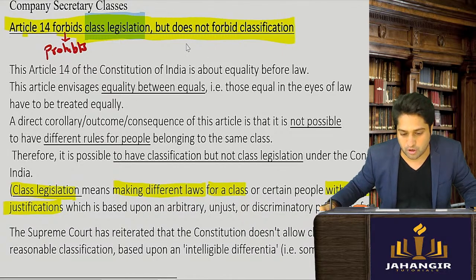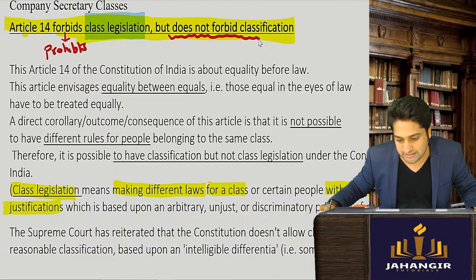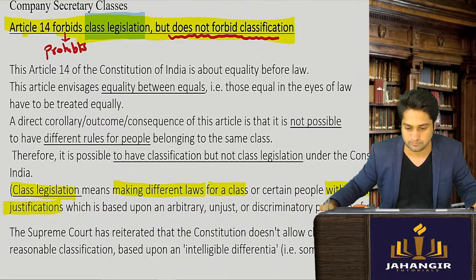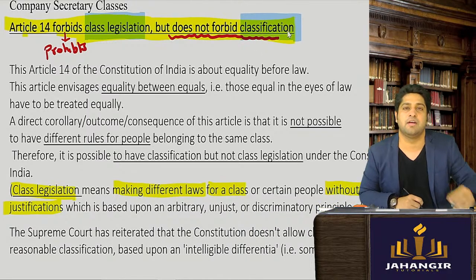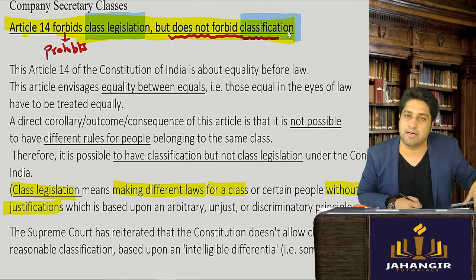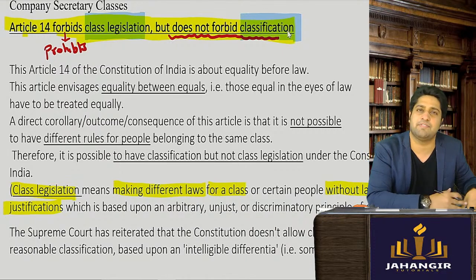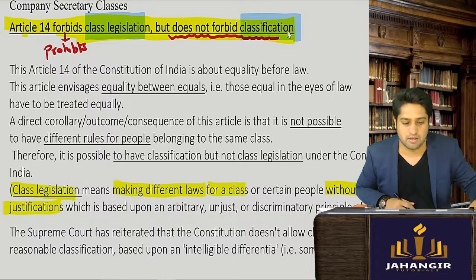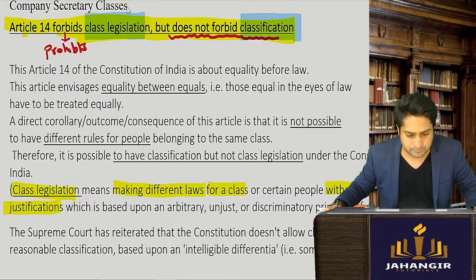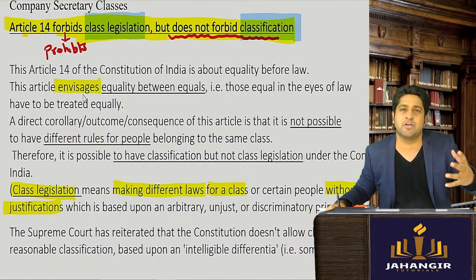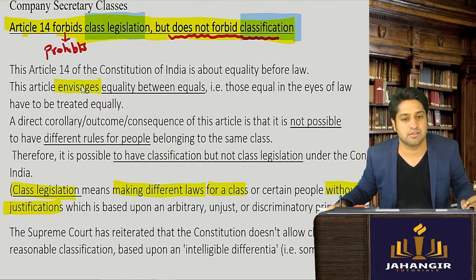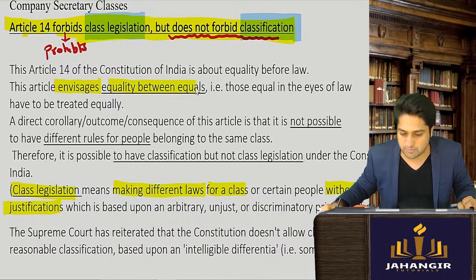But it does not forbid reasonable classification. So classification can be done where you make a separate segment where we can see clearly that we need to give them some special benefits. So Article 14 envisages, now these are some words that you can use to build your answer, equality between equals.